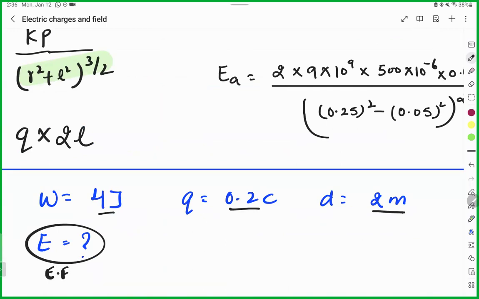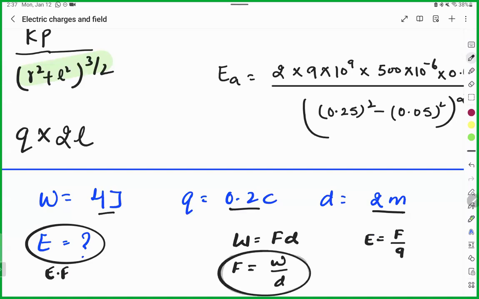How to calculate? You know work done is equal to force into displacement. By this, you can calculate force, work done by distance. And when you calculate force, then you know electric field is equal to force experienced by the charge. F you will calculate by this method. The charge you already have.